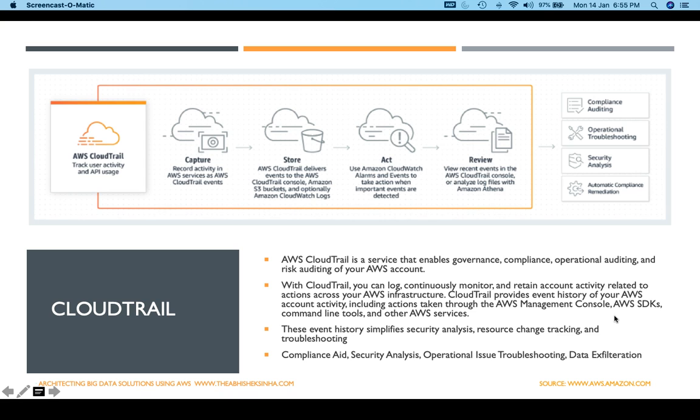So, if we have to define CloudTrail in simple terms, we can look at it as a service that monitors all the activities that happen in the AWS infrastructure.